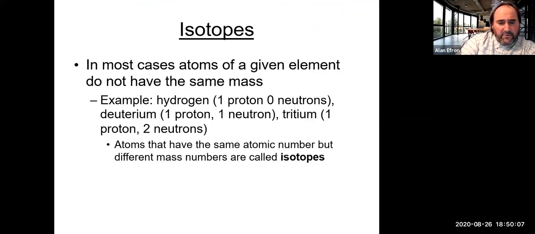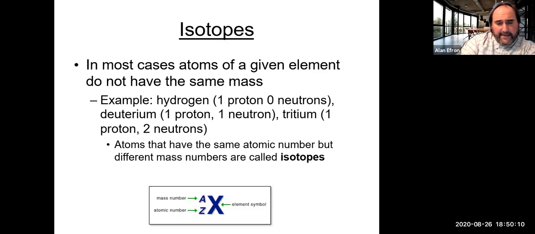That brings us to isotopes and a couple of ways that these are displayed. Isotopes are really the same element, but they have a different mass. If you remember when we were talking about protons, electrons, and neutrons, the most important thing in determining what the element is, is the number of protons, or the atomic number.